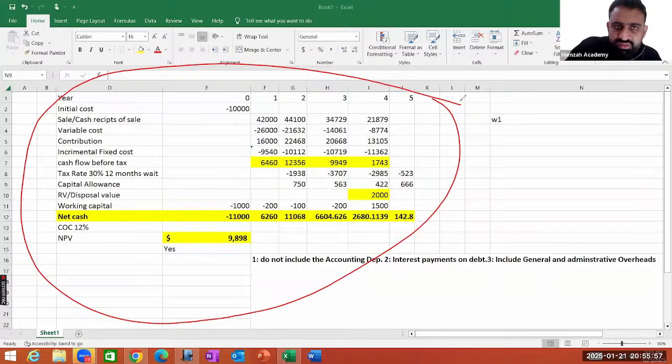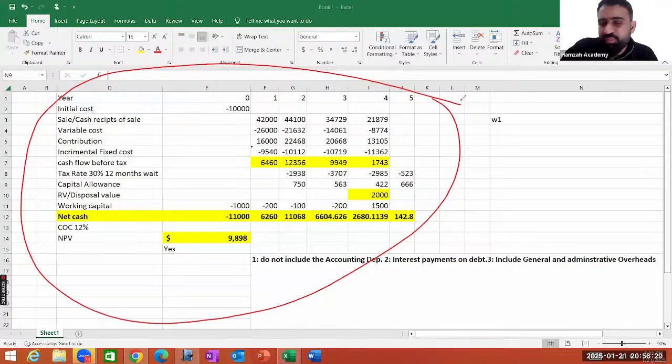These are not the actual values. The number of units to be produced and sold is a forecast. Sale price is a forecast. Inflation rate is a forecast. Tax rate is a forecast. Disposal value of the project is a forecast. The cost of capital which we are using is a forecast. These are not actual values. And the forecasted values we are using are basically the main disadvantage of the NPV.